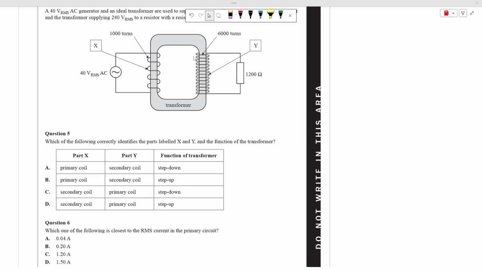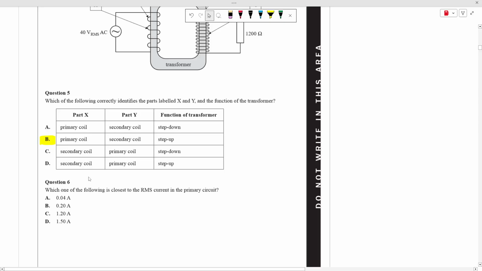Now that's hinted at by the number of turns on each side. So fewer turns on this side, more turns on this side. That means it's a step up transformer. So we're going to go with option B. Cool.